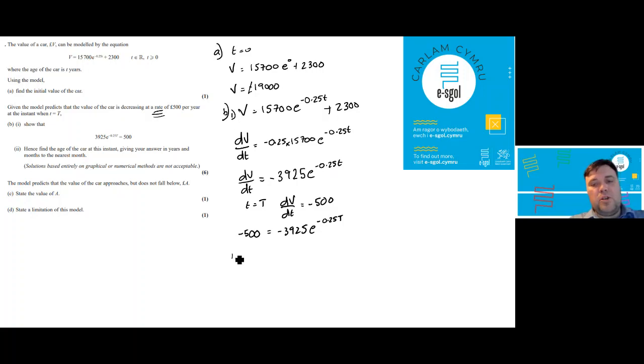And then for part 2, it says, hence find the age of the car at this instant, giving your answer in years and months to the nearest month.